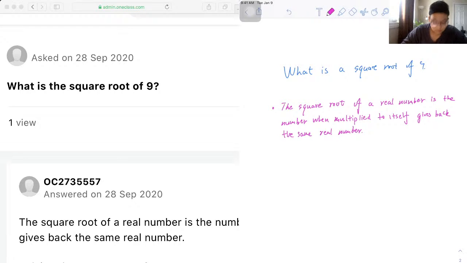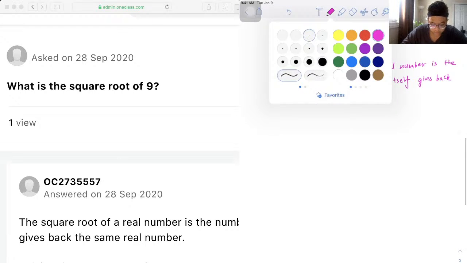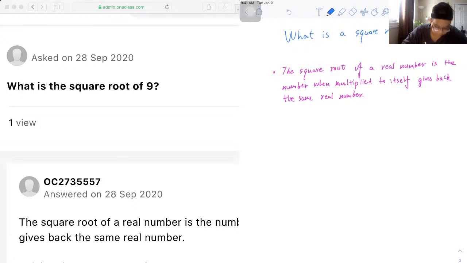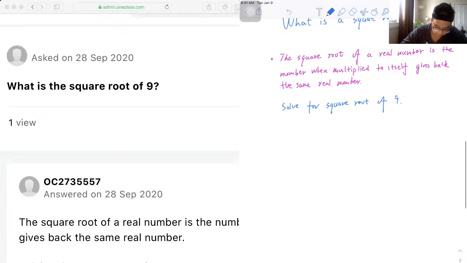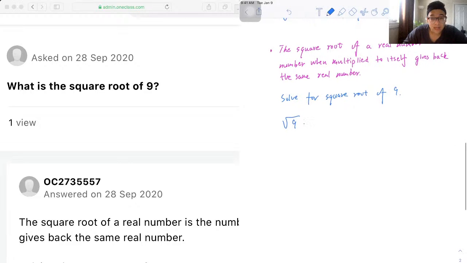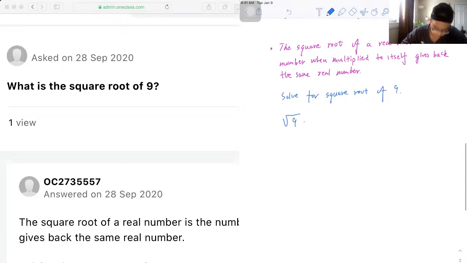Alright, so now let's go back to our question. We need to solve for the square root of 9. We know 9 is equal to 3 times 3.